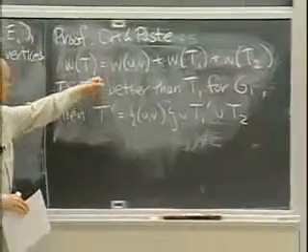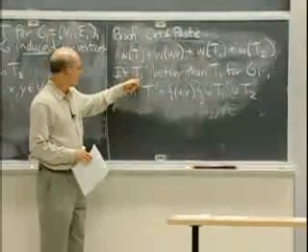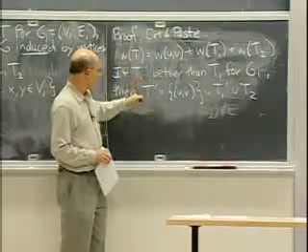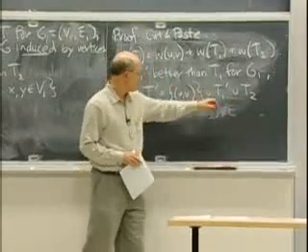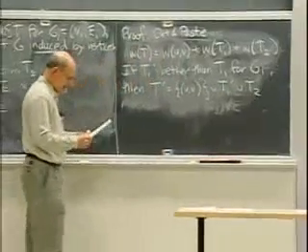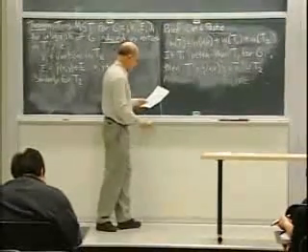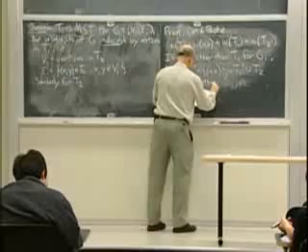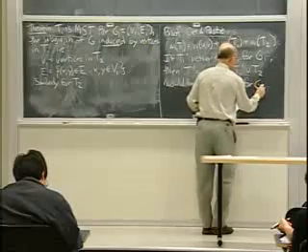If I had a spanning tree of lower weight for T1, and I call that T1 prime, I just substitute that and make up a spanning tree that consisted of my edge UV, whatever worked well for T1 prime, and whatever worked well for T2, and that would be a spanning tree, and it would be better than T itself was for G.